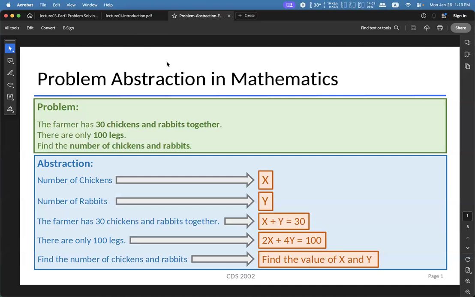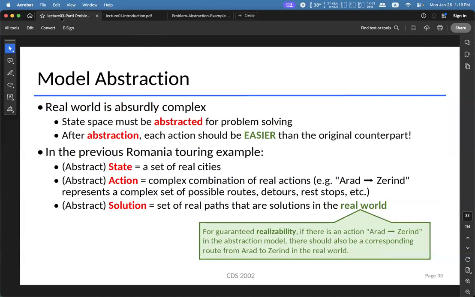When we are doing abstraction for a single state problem, we are doing the same. But we need to remember that the abstraction we are doing should conform to reality. We cannot oversimplify things such that our solution doesn't match reality.